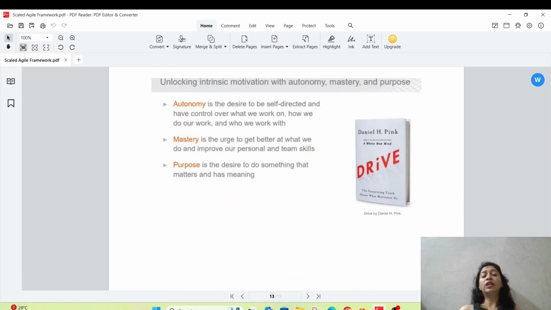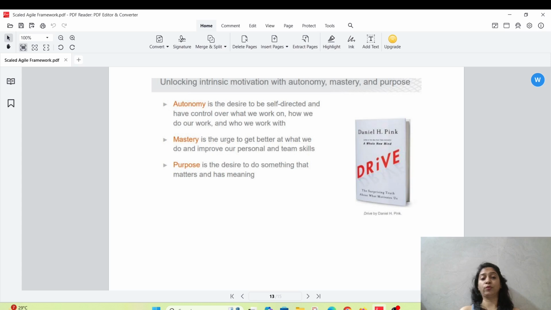Unlocking the intrinsic motivation of autonomy, mastery, and purpose. What exactly is it? Let's see the definition. Autonomy is the desire to be self-directed and have control over what we work on, how we do our work, and who we work with.